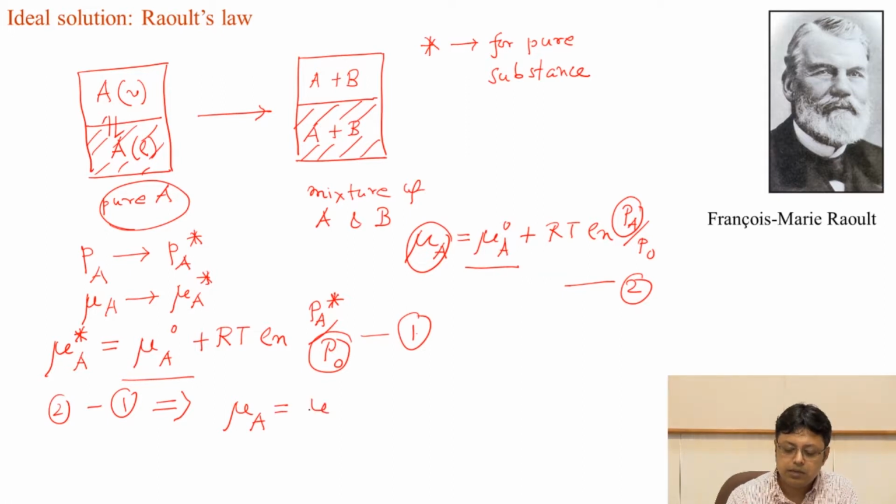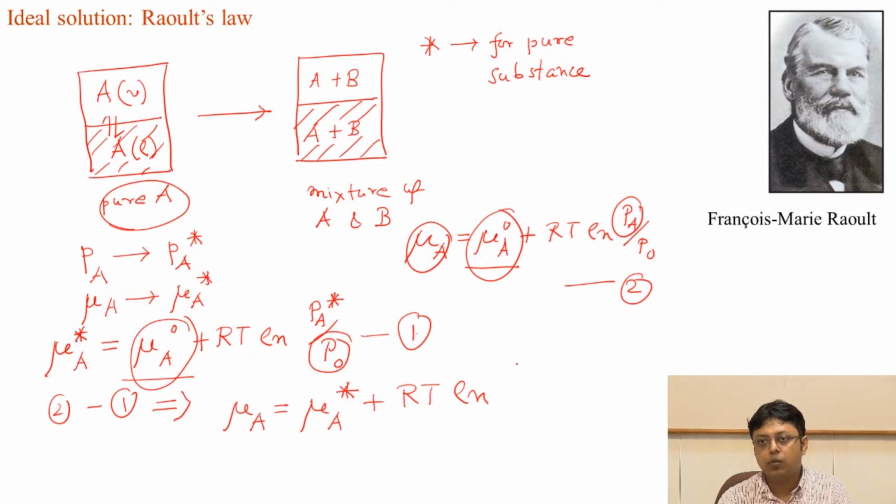These mu A0 terms cancel with each other, and then we have RT ln PA by P0 minus RT ln PA star by P0. We can take RT common, and since ln x minus ln y is ln x by y, we can write this as mu A minus mu A star equals RT ln PA by PA star.